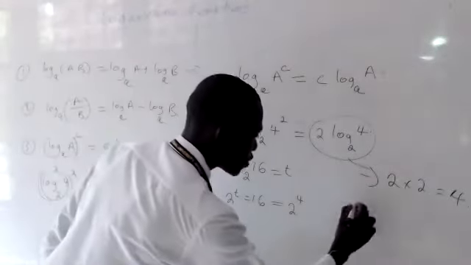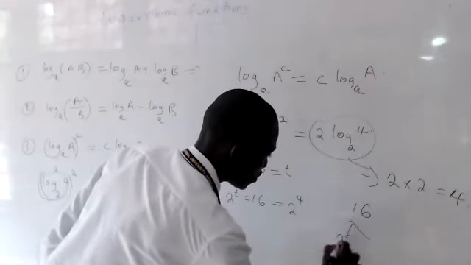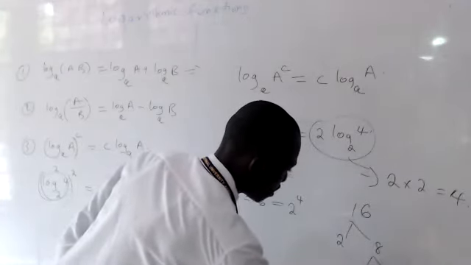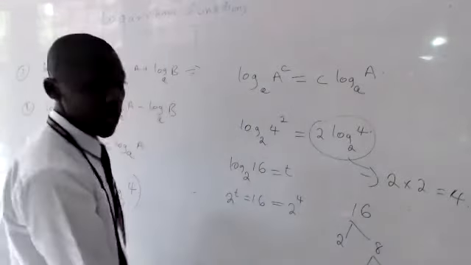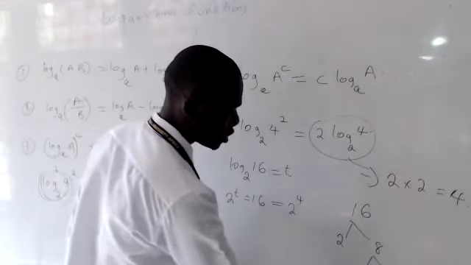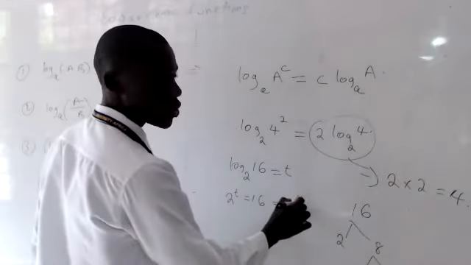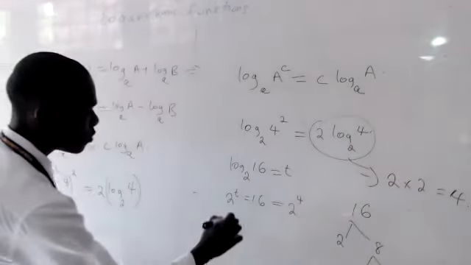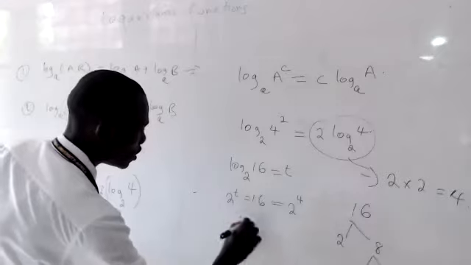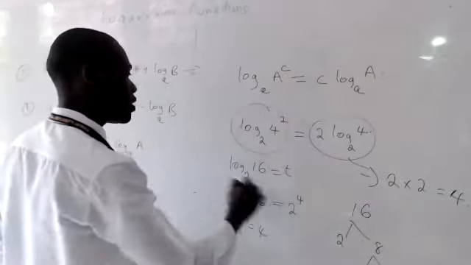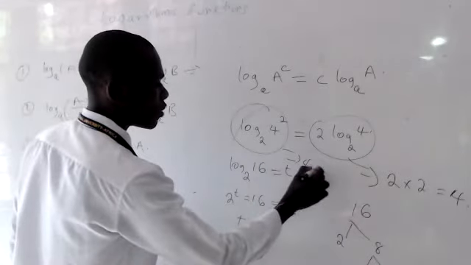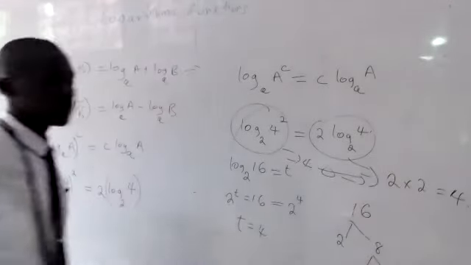How did I do that? I started with 16. 2 divides 16 8 times. 2 divides 8 4 times. 2 divides 4 twice. So I have four 2's: 1, 2, 3, 4. That's why I have 2 raised to 4. So now the base 2 is the same, therefore t is 4. So on the right-hand side, we have 4, same as on the left-hand side.